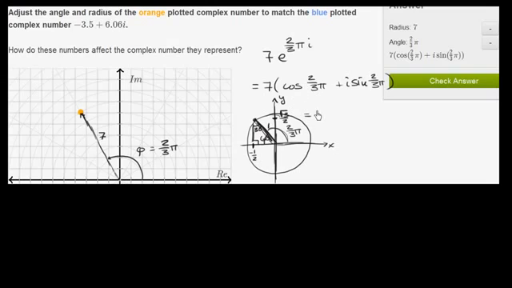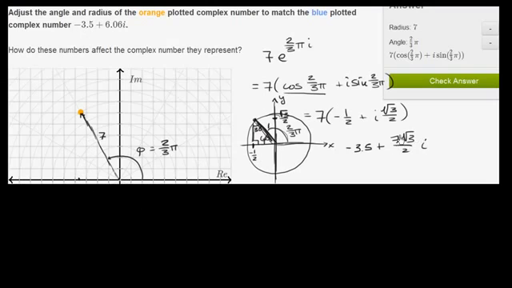So this is going to be equal to 7 times negative 1/2, that's cosine of 2/3 pi, plus i times the square root of 3 over 2. So let's verify that that's actually the same thing as that over there. Well, 7 times negative 1/2 is negative 3.5 plus 7 square root of 3 over 2 i. So we already see that the real parts are definitely the same. It's negative 3.5.